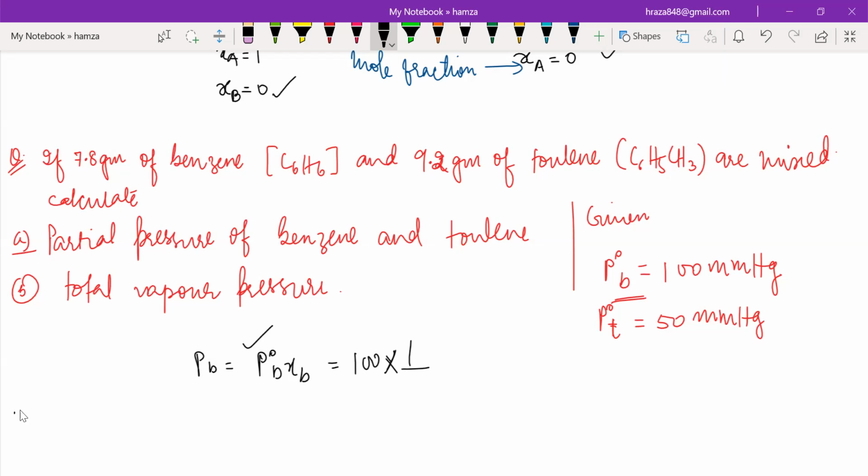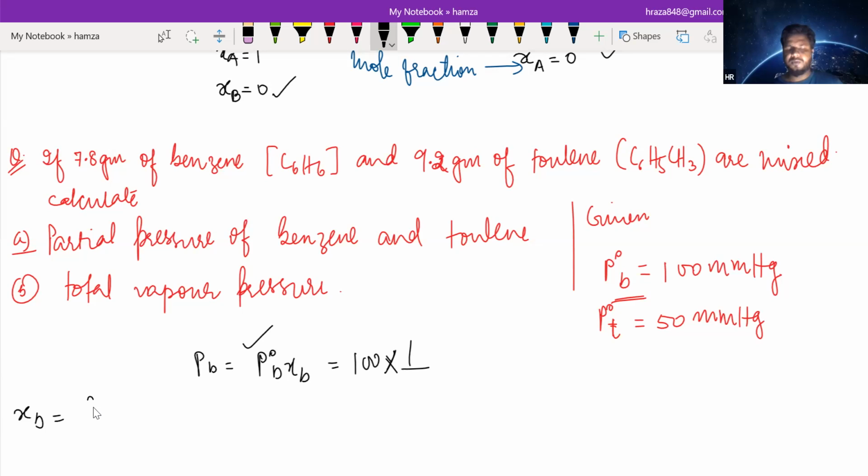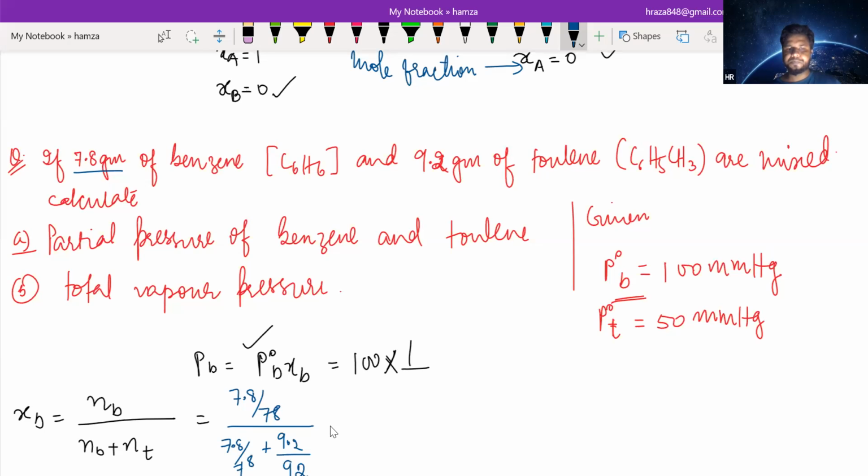Yes, sir. That's correct. Mole fraction of benzene will be equal to number of moles of benzene upon number of moles of benzene plus number of moles toluene. Now, number of moles of benzene is equal to given mass 7.8 upon molar mass 78, upon 7.8 upon 78 plus given mass 9.2 upon molar mass 92.